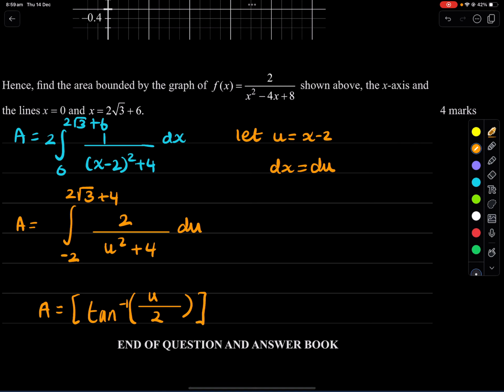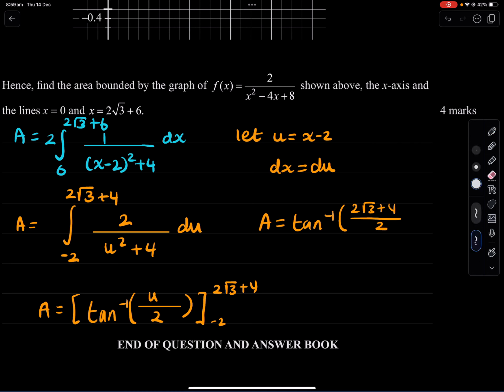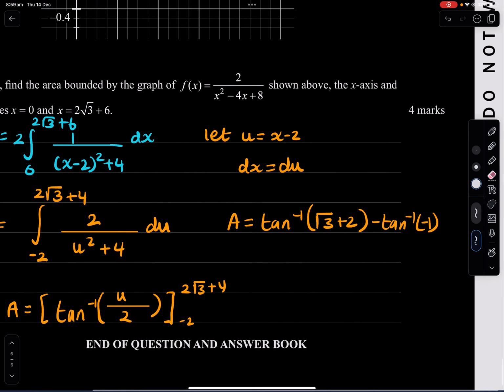So 2 root 3 plus 4, and negative 2. The overall area is going to be 1 times, if I sub in 2 root 3 plus 4, all divided by 2, that's going to be root 3 plus 2, minus tan inverse of negative 1.